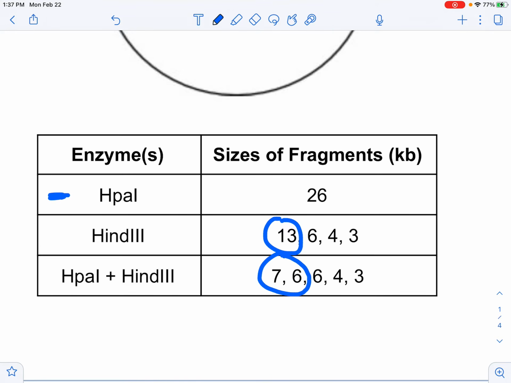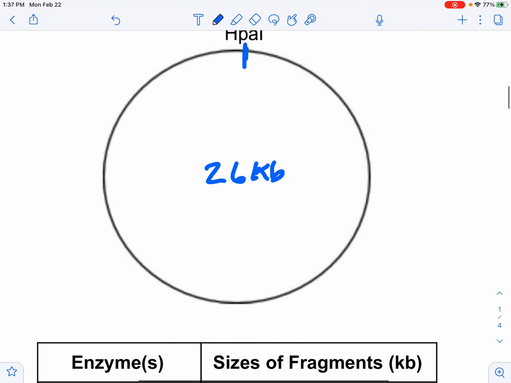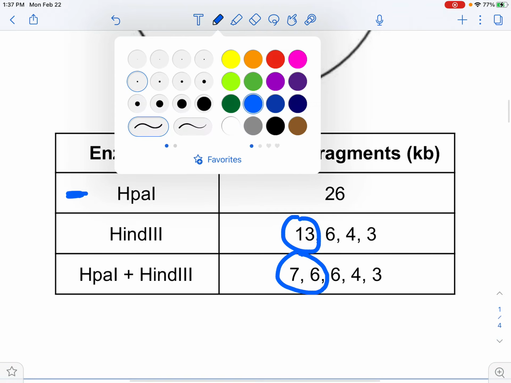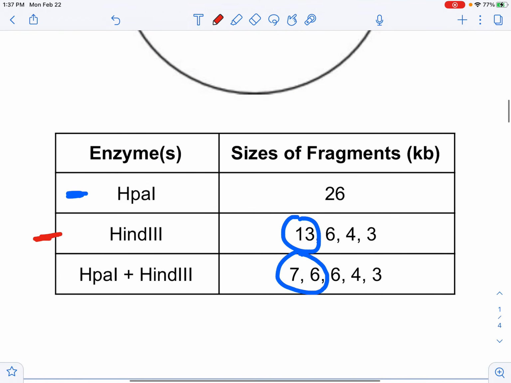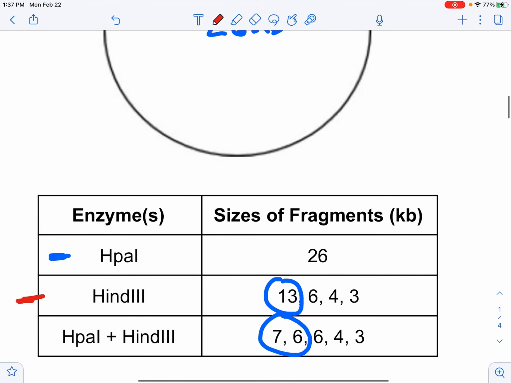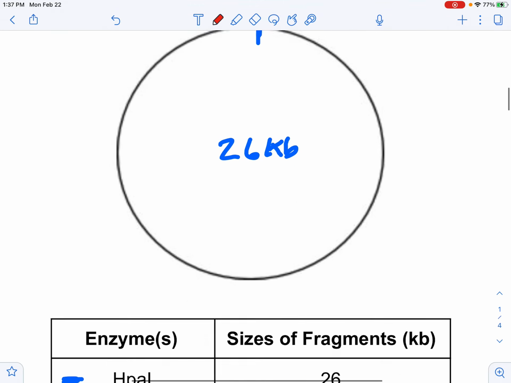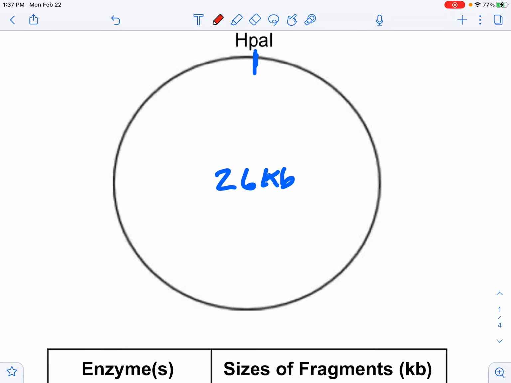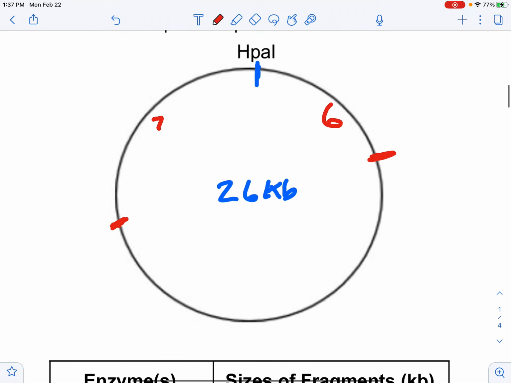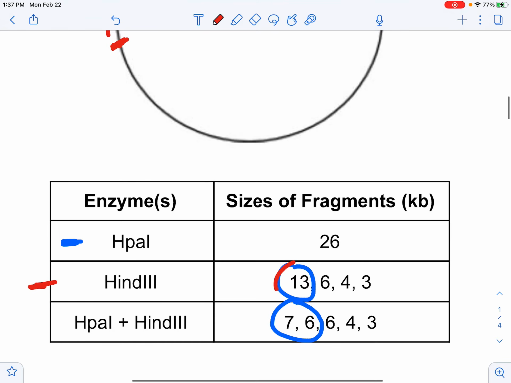I'm going to put on either side of the HpaI, I'll use red for the HindIII, a 7 and a 6, and that's going to equal 13, which would be like half of this thing. So maybe here's the 7, and maybe here's the 6 kilobase section, so that the whole thing from there to there would be 13.